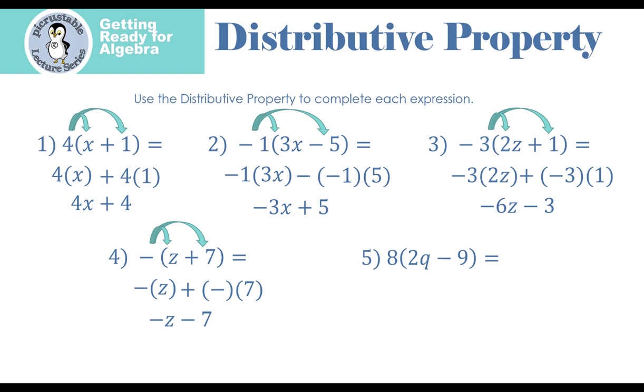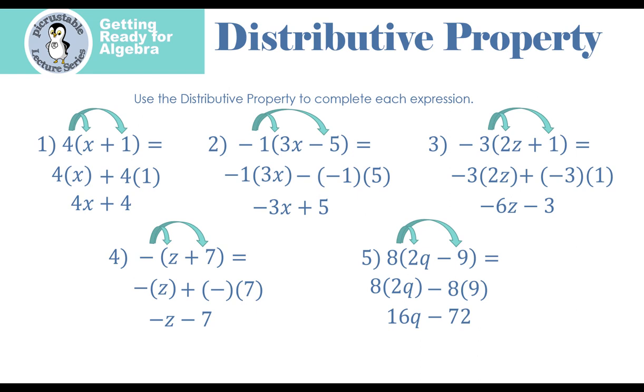We could also think about it as negative 1 times z, which is negative z, negative 1 times 7, which is negative 7. For the last one, we have 8 times 2q and 8 times 9. We're going to end up with 16q minus 72.